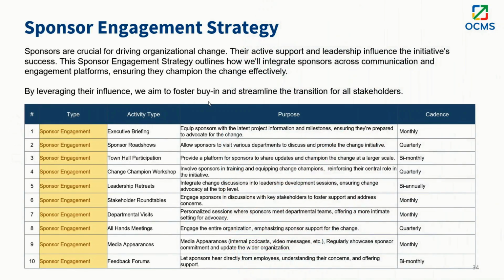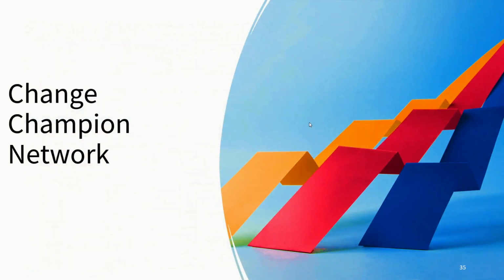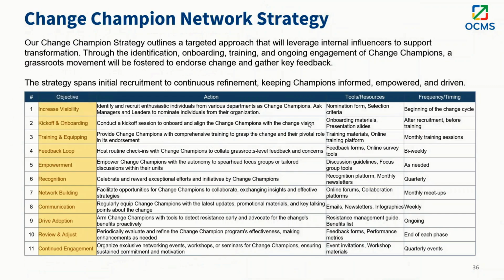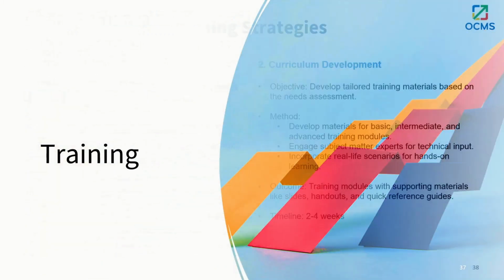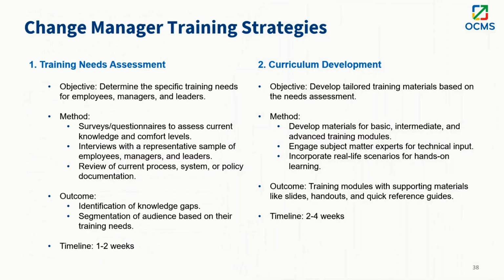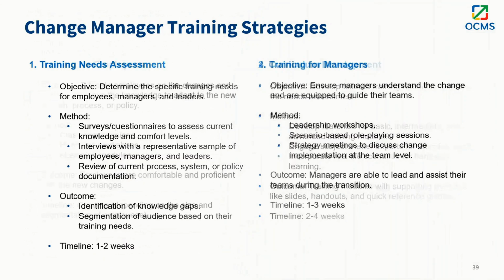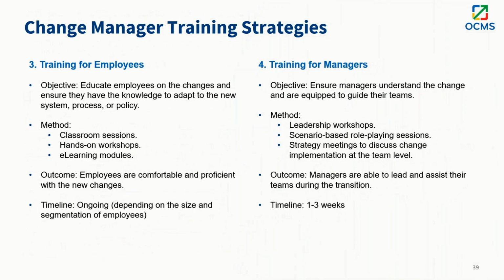And you can see here, we have included respective activity types, cadence, how often, and also the purpose. And then there are also strategies for your change champion network, as well as strategies for your training deliverables. Here we've included different strategies to help increase your success.